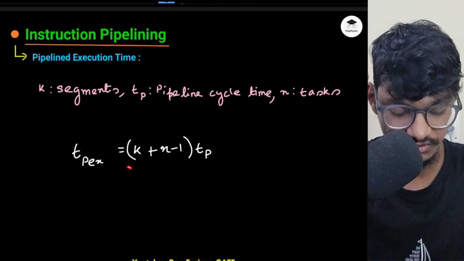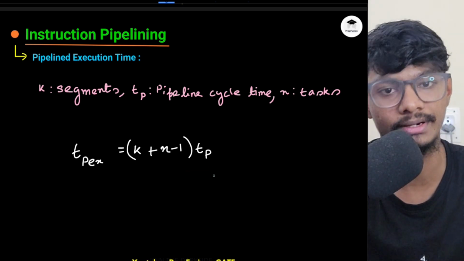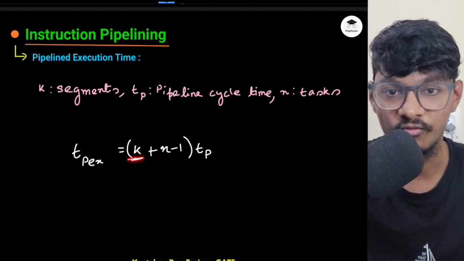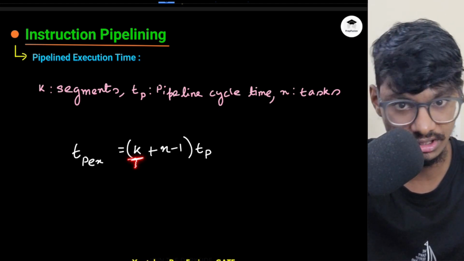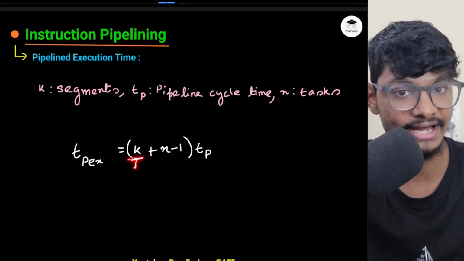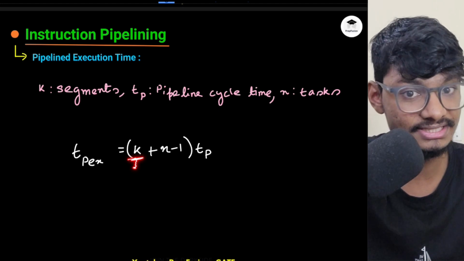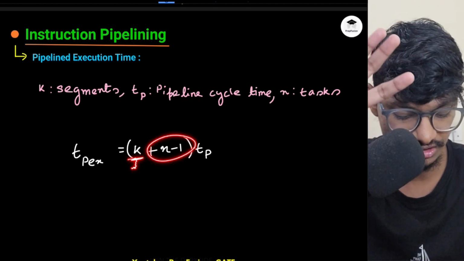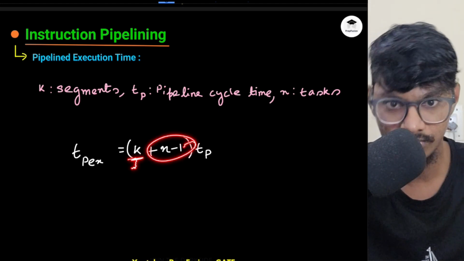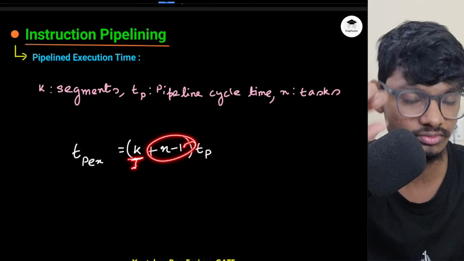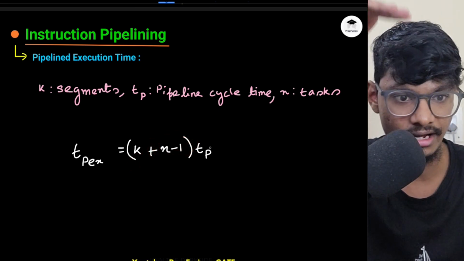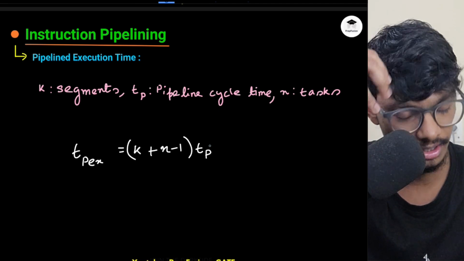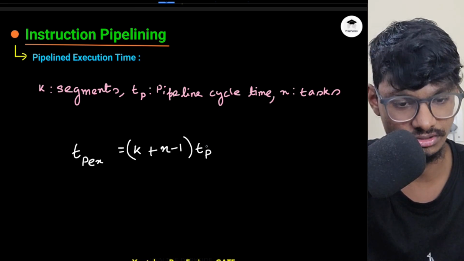This tells everything about pipeline processing. The first term tells me how many stages I have. So I finished the number of stages, and one instruction has been done. Next, the remaining n minus 1 instructions will take how many cycles? The number of instructions will be equal to the number of cycles, that is n minus 1 cycles, because at every cycle I am getting the result of a new instruction.